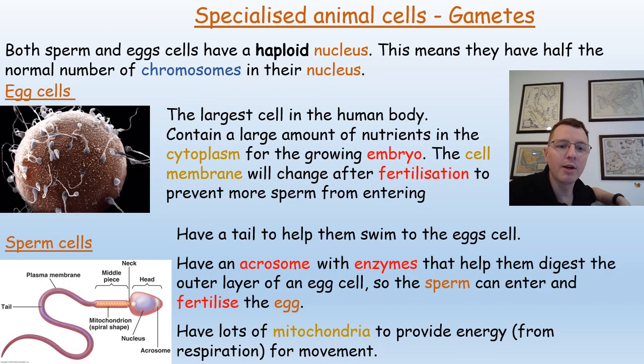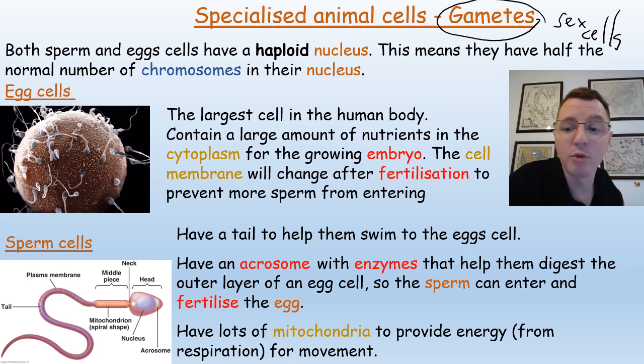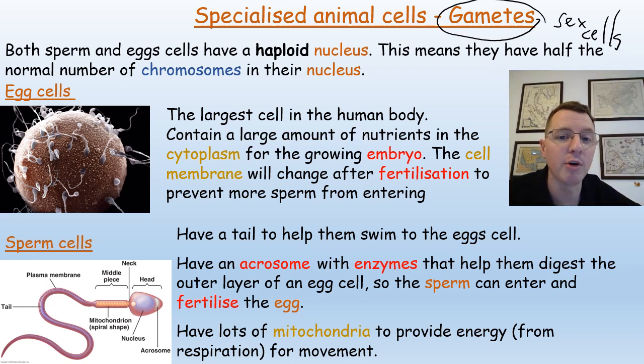Some more specialised cells that we have to consider in terms of animals are the gamete cells. These gametes are our sex cells involved in reproduction. We have the egg cell and the sperm cell. Both sperm and egg cells have one particular adaptation, that they have a haploid nucleus.